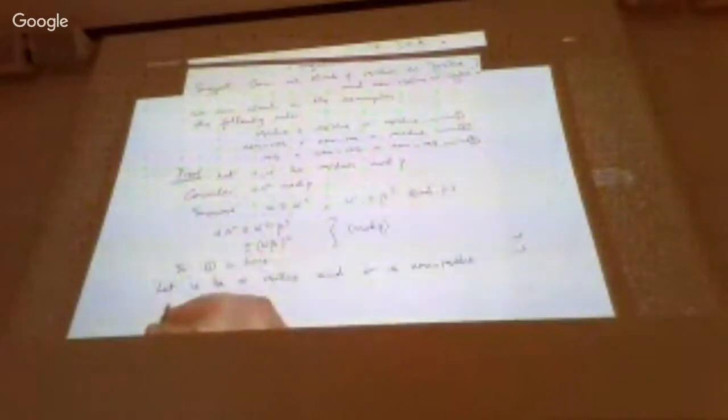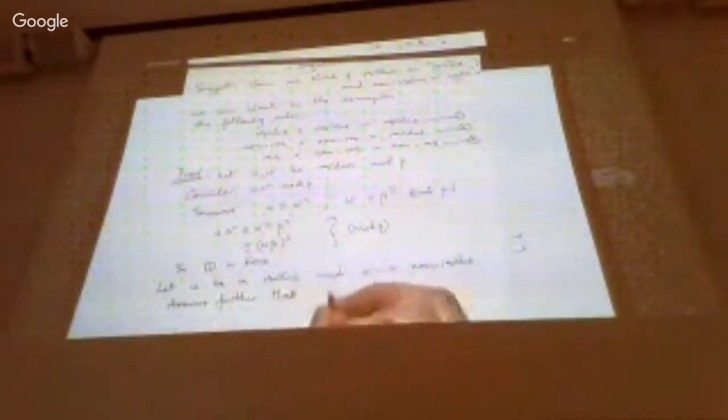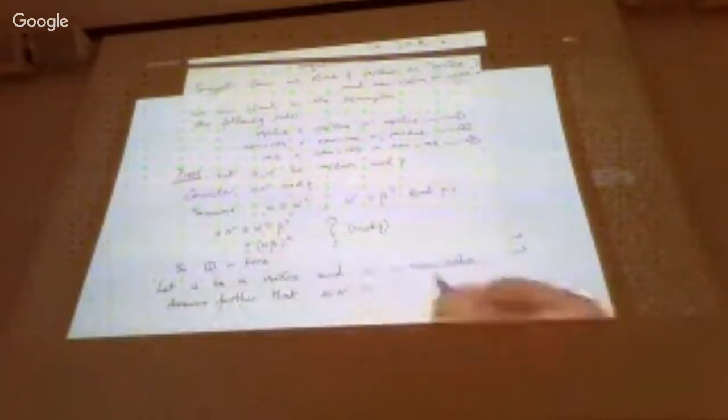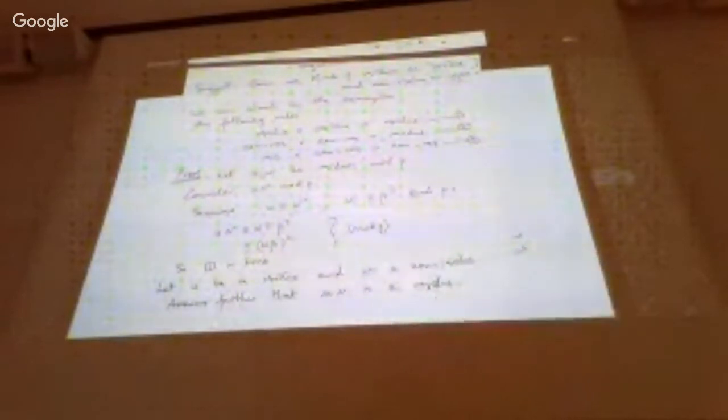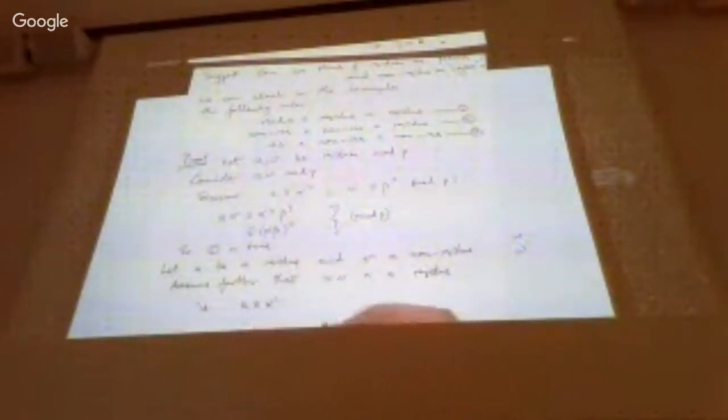Let's pretend for the moment, assume further that U times V is a residue. We suspect it's got to be a non-residue, but we'll assume further that it's going to be a residue. So again, we've got to pass to the square root. So U is congruent to alpha squared, and U times V is congruent to gamma squared.